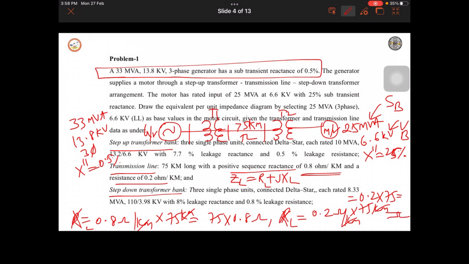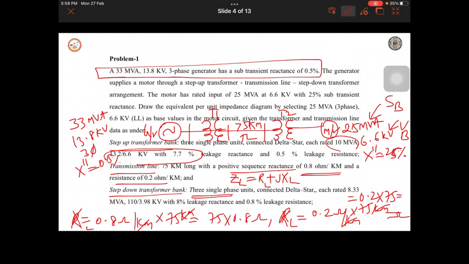So this is how you can find the transmission line total resistance and reactance. And similarly the transformer rating is also given. Transformer 2, that is the step-down transformer, is given somewhat differently.